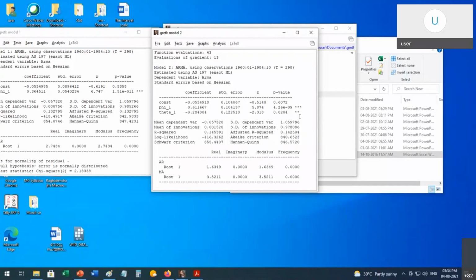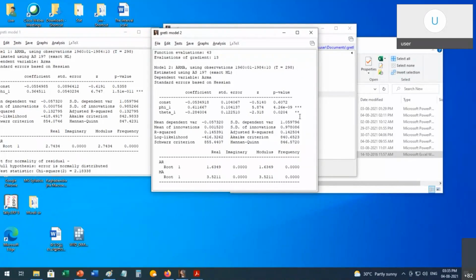But with Gretl now, earlier it was not possible, now it is possible to automatically identify the order of the particular ARMA model. So that I shall show you later on. First I shall show you the difficulty in modeling ARMA. But since we have this new package, we can automatically find out the order and then come back to this ARMA model window and do it.